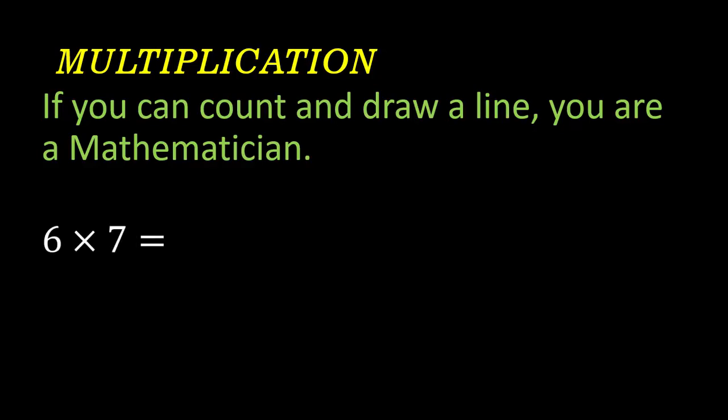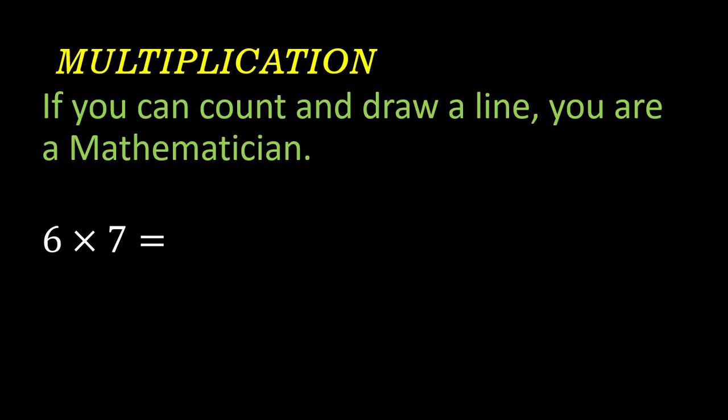So let's look at the expression 6 times 7. We are going to look at this particular expression critically and look for ways we can resolve it to come up with the answer. We are going to represent the numbers using lines.